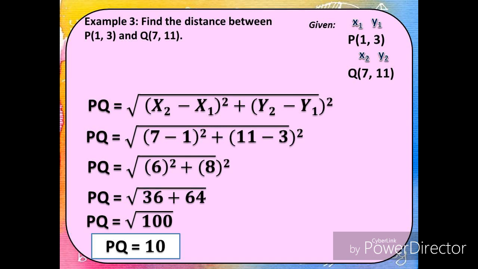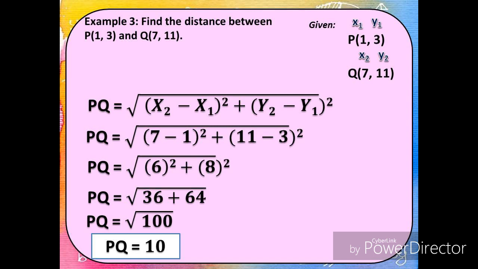Okay, so again we're going to use the distance formula, and the distance between P and Q is equal to the square root of the quantity of 7 minus 1 squared plus 11 minus 3 squared. Then we have 7 minus 1 is 6, 11 minus 3 is 8, so 6 squared is 36, 8 squared is 64. So 36 plus 64 is 100.